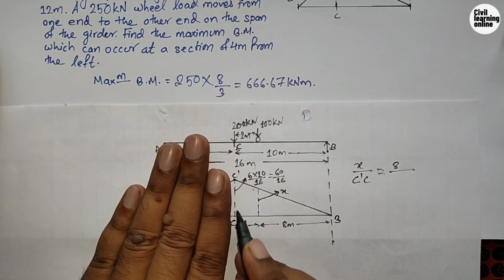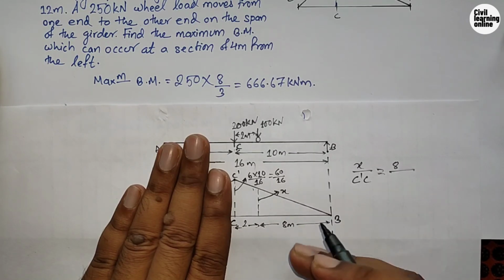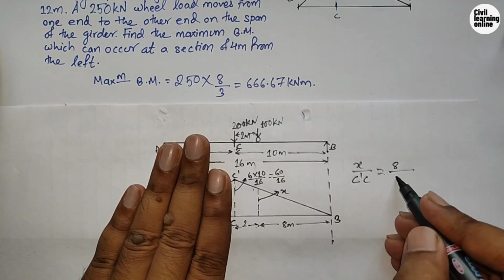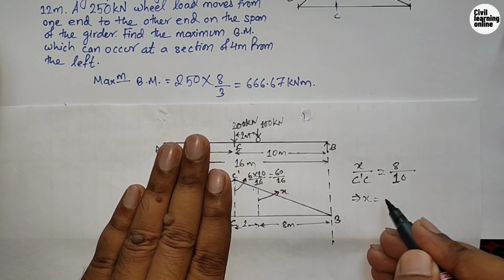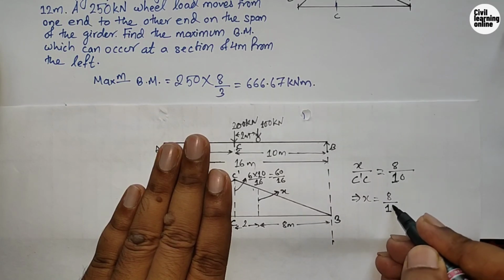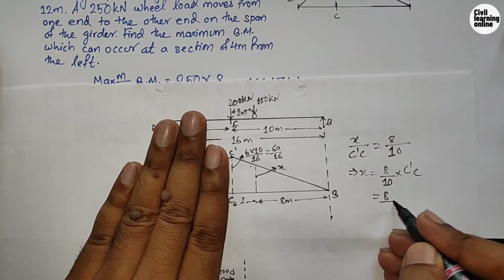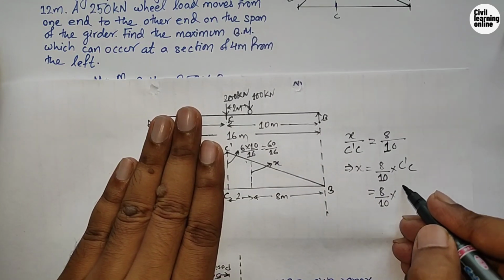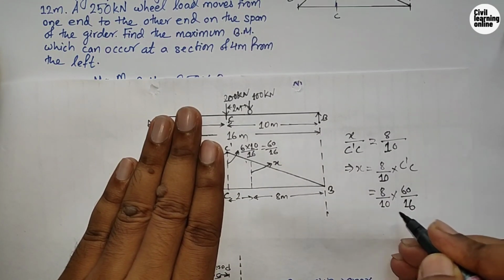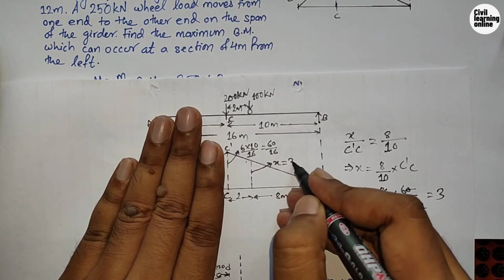And C dash C, this is height of this larger triangle, so base of this larger triangle will take the lower position, that is 10 meter. So from here we will calculate the value of x, and we will have x equals 8 by 10 multiplied by C dash C, which is equal to 8 by 10, and the value of C dash C is 60 divided by 16. We have got the value of x equals 3 meter.